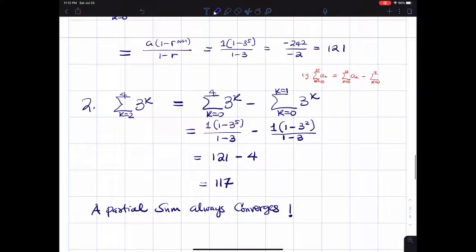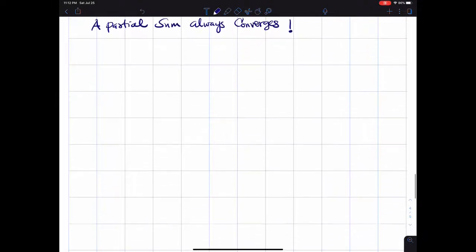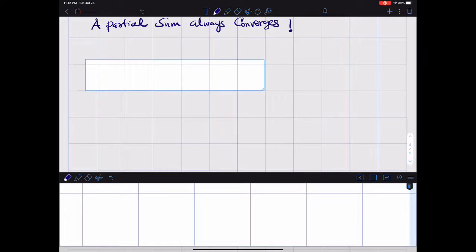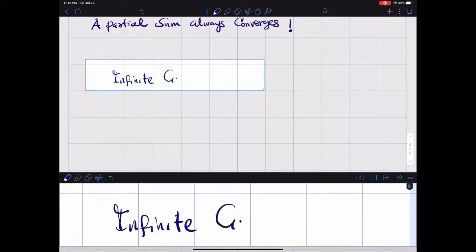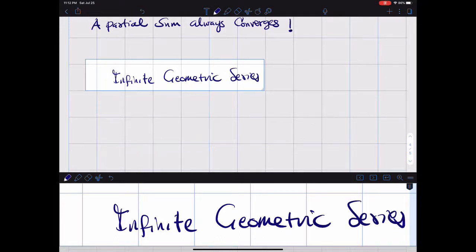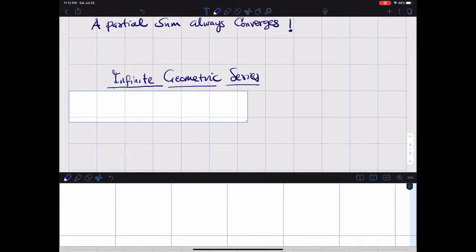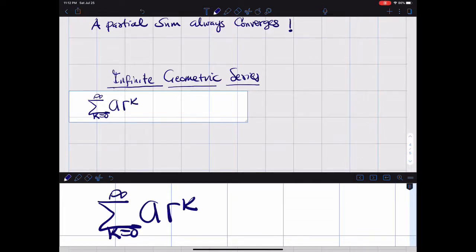Now, let's extend this formula to an infinite geometric series, okay? This is what it looks like: k from 0 to infinity of a r to the power of k.